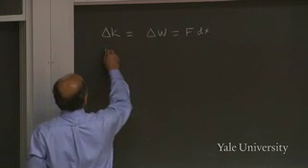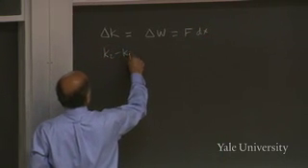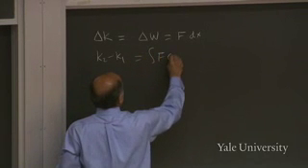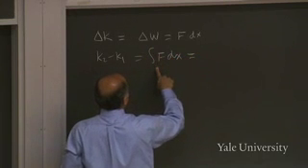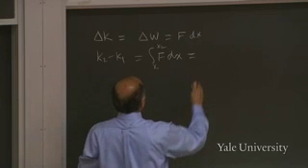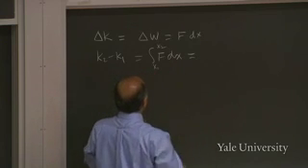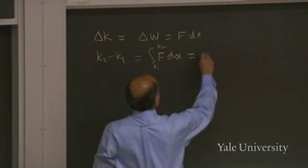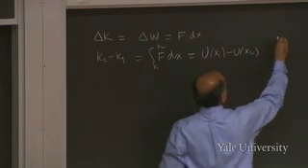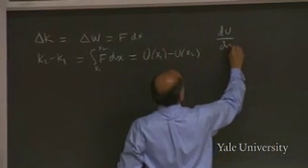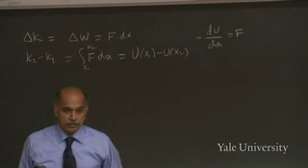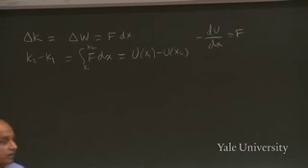And then if you add all the changes over a not infinitesimal displacement, but a macroscopic displacement, that was given by F times dx. And the integral of F dx from x1 to x2, if F is a function only of x, from the rules of calculus, can be written as a difference of a function at this limit minus that limit, and that was U of x1 minus U of x2, where U is that function whose derivative with a minus sign is F. That's what we did.